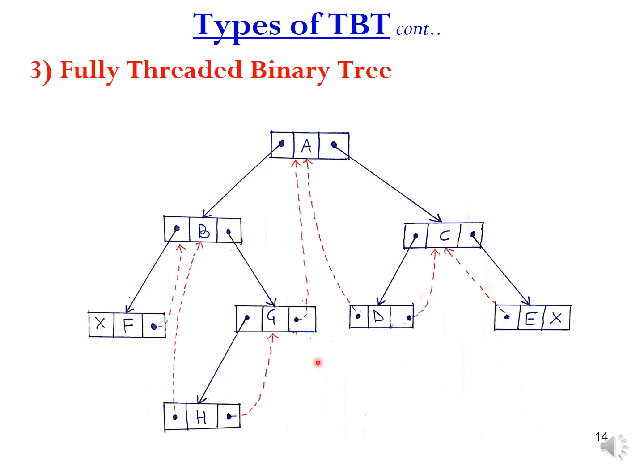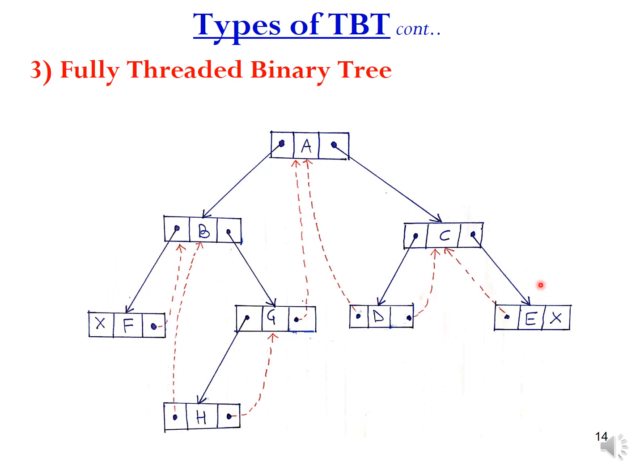So it is to be noted here that the left null pointer of node F is not pointing to any node, any ancestor. In the same way, the right null pointer of this node E is also not pointing to any ancestor, because the leftmost node does not have any in-order predecessor.